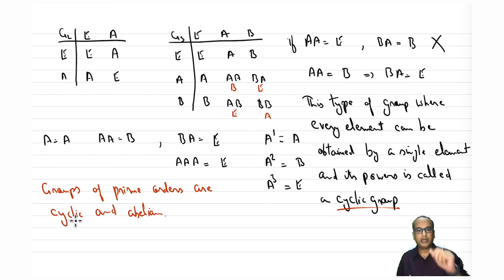Abelian we have learned earlier, cyclic we have learned today. So groups of prime orders are cyclic and abelian for all such groups. Okay, so I think it's time to wrap up this part, group multiplication table.